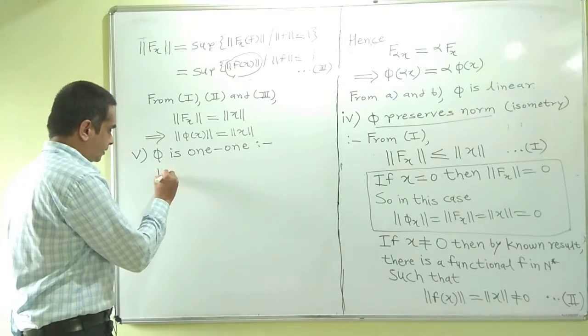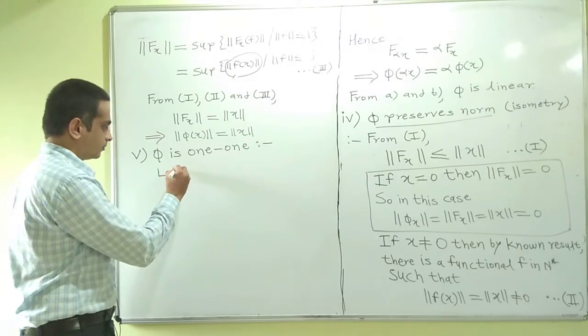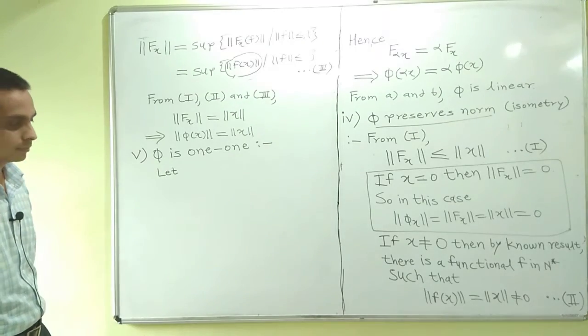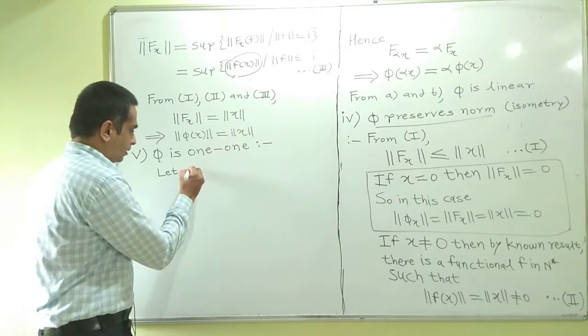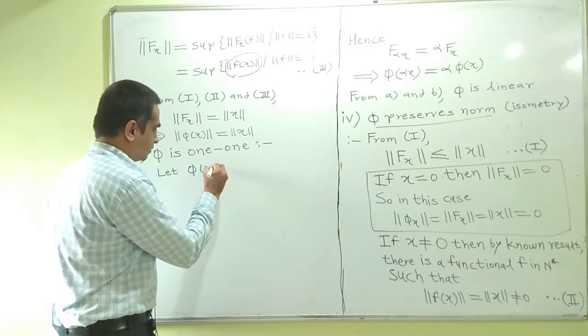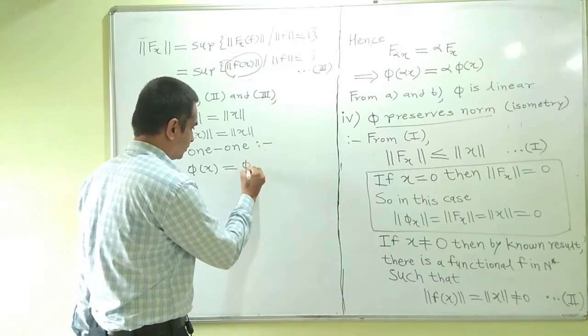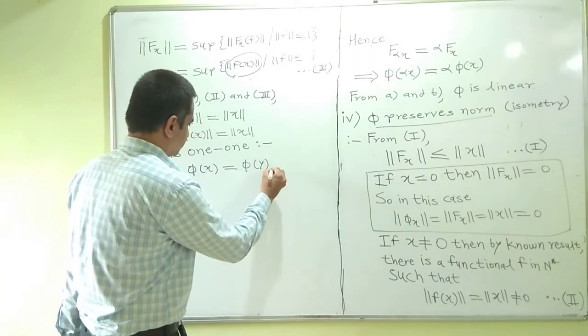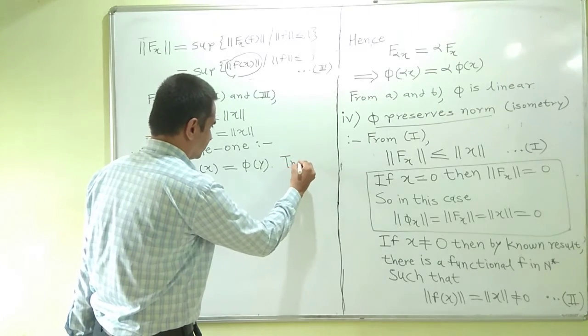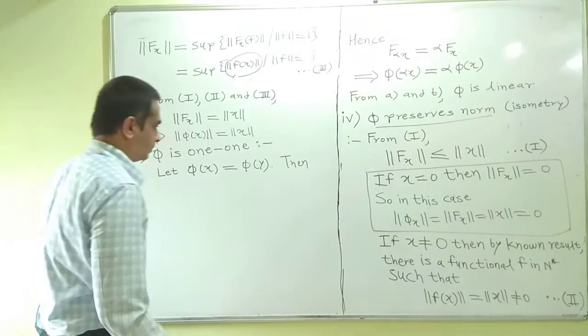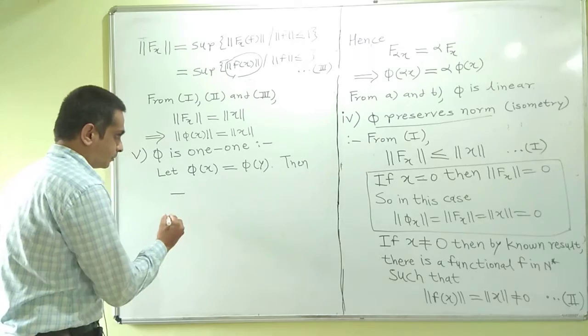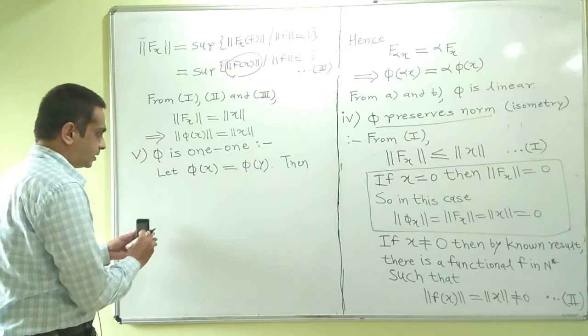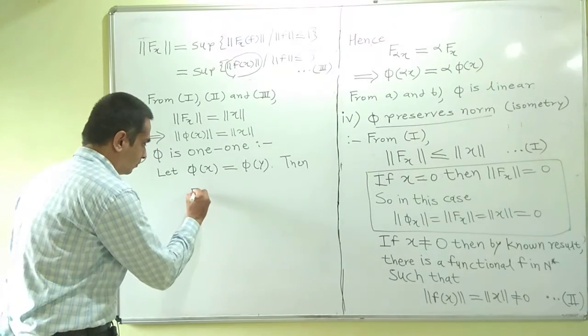So let phi of x be equal to phi of y. Then this implies that fx is equal to fy.